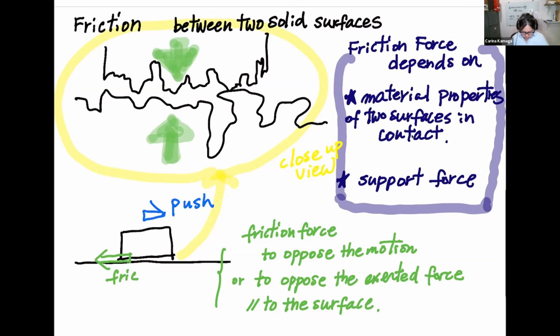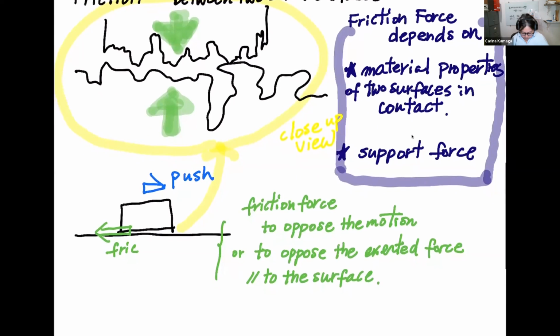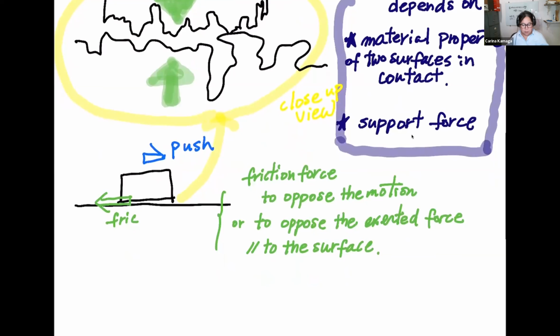Let's see. How about this right now? The pen is at rest on my hand. Is there any friction force applied? Is it at rest because there's a friction force?